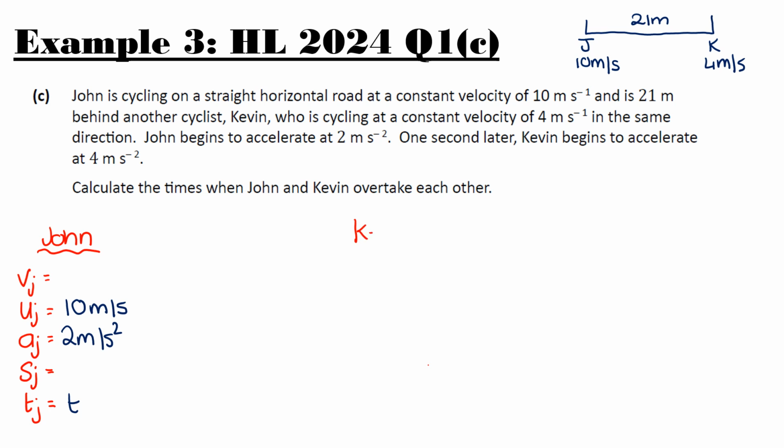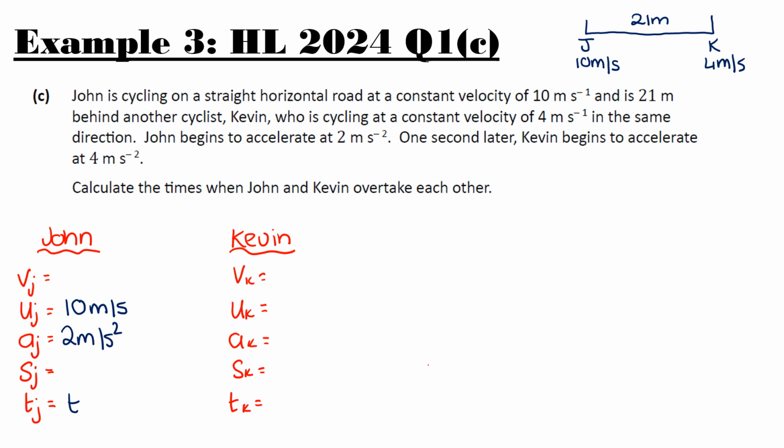Now, for Kevin, things are a little bit trickier. I'll move this over so we'll end up with a bit more space. 1 second later, Kevin begins to accelerate at 4 meters per second squared. So if we look at what happens to Kevin, we have v, u, a, s, and t.